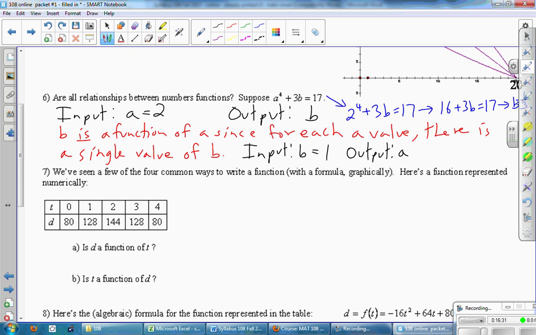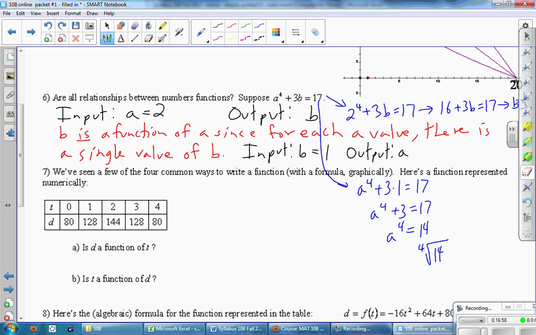So we'll write our equation again here. a to the fourth plus 3 times 1 is equal to 17. So a to the fourth plus 3 is 17. a to the fourth is 14. And then take the fourth root of both sides, and we get the fourth root of 14.